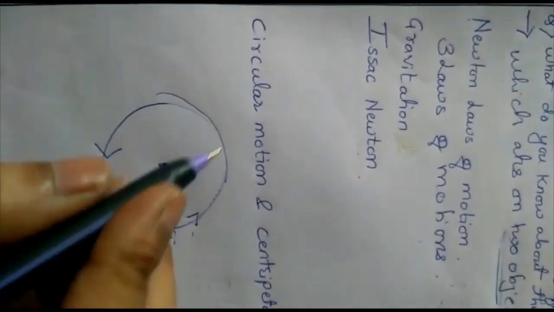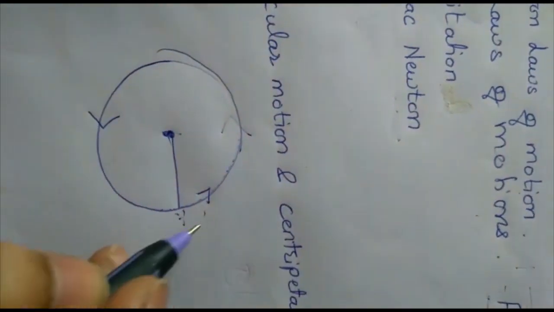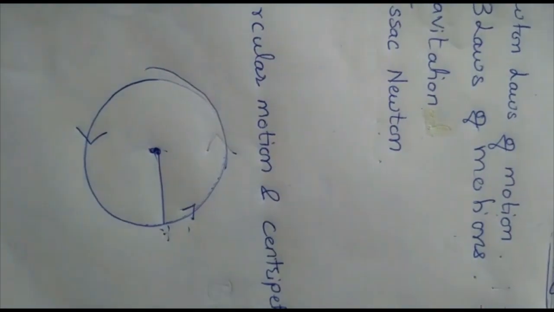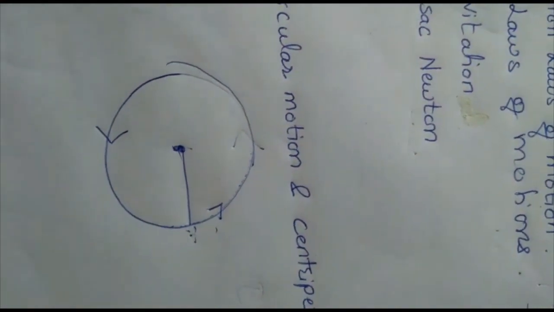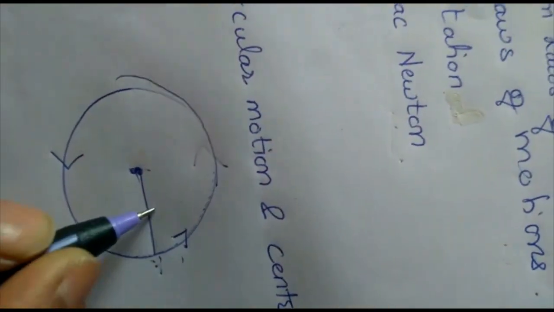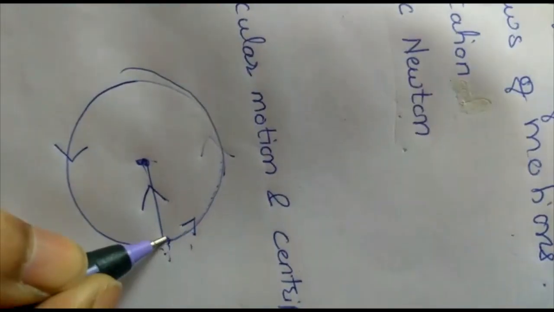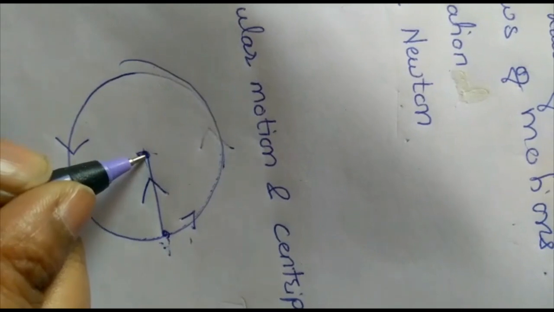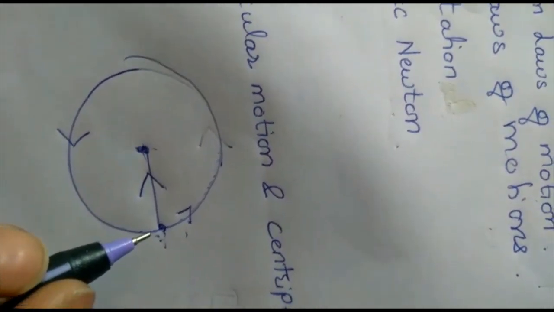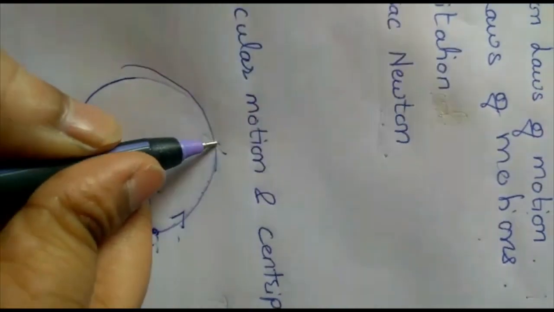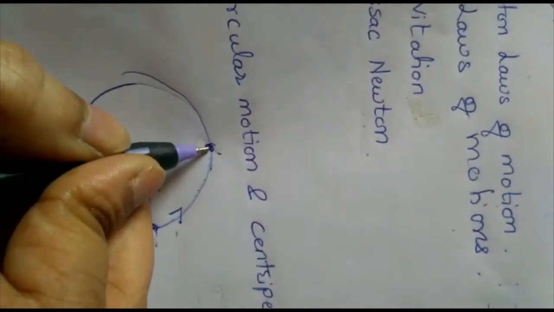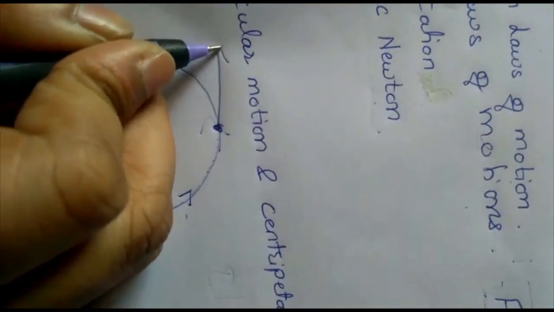What is first? The circular motion. The motion along the circumference of the circle is called the circular motion. And about the centripetal force, the force which is acting towards the center of the circle is called the centripetal force. See, if you take this point, the velocity will be in this direction.